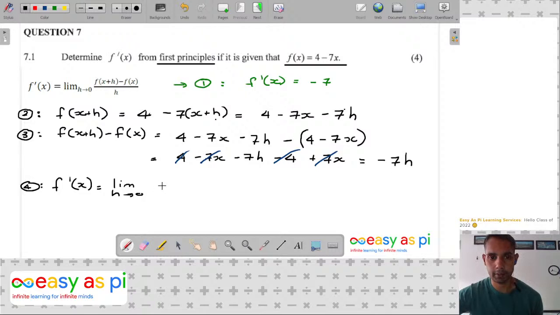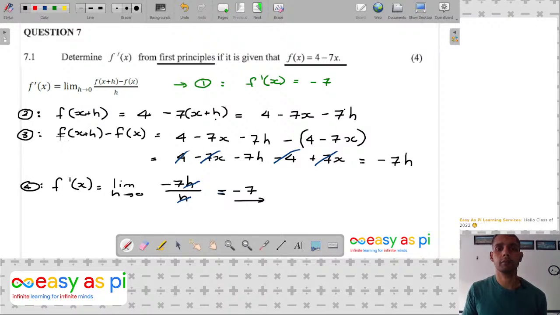So we know that's minus 7h all over h. And lo and behold, you'll notice that in this case, the h's cancel, and then I can bring in the limit because there is no h any longer. And I get minus 7.